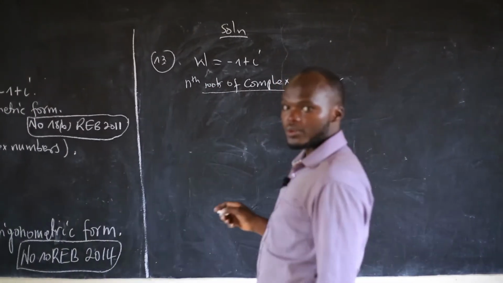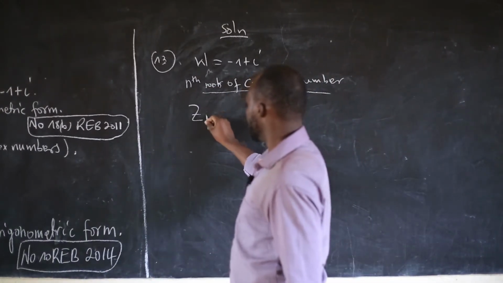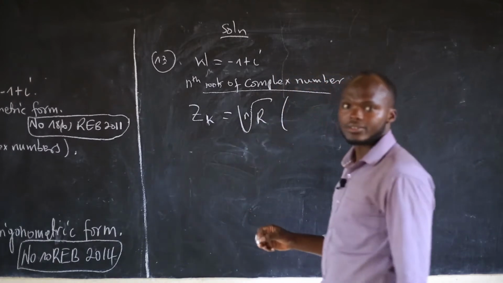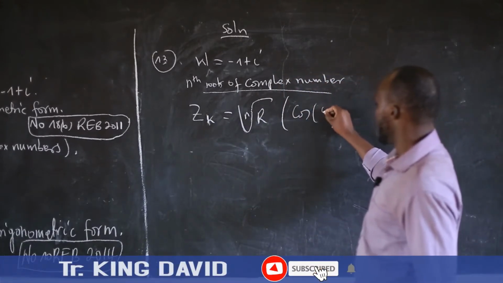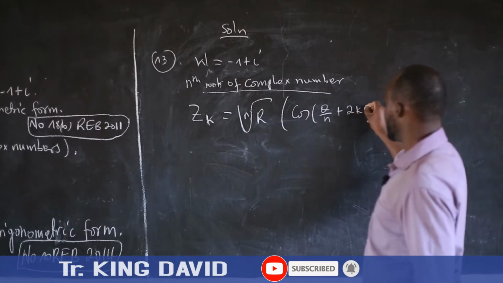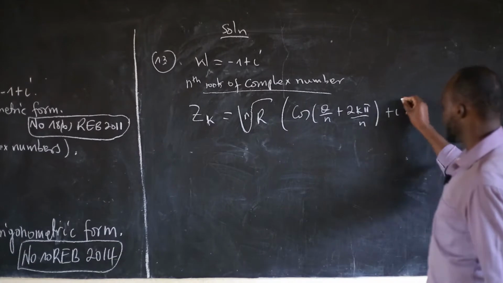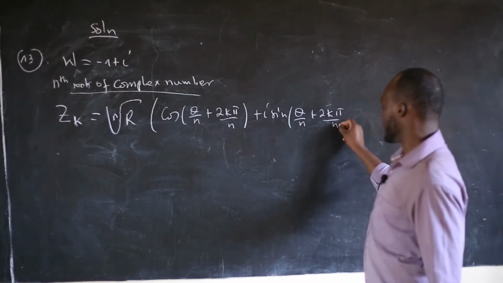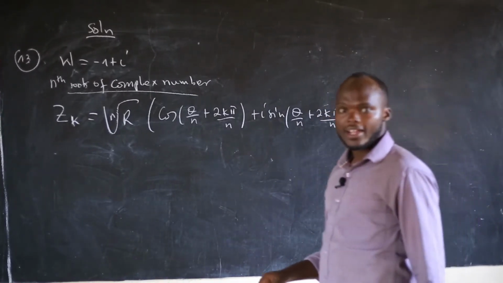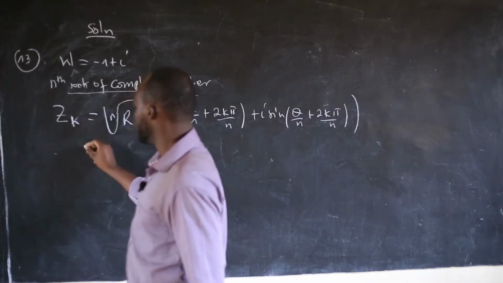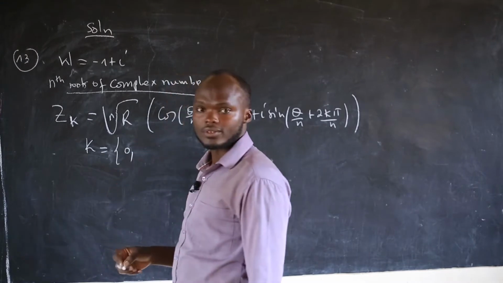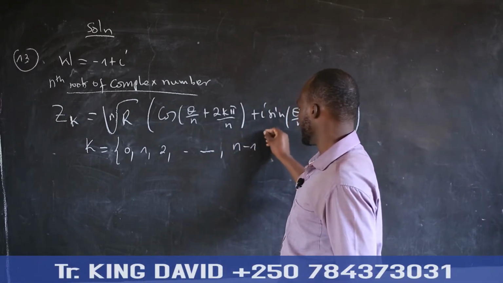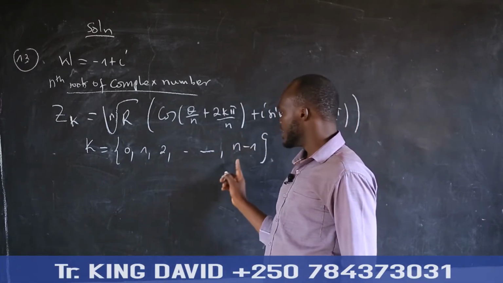The way we find it, we use the formula zk equals the nth root of r into bracket cos of angle over n plus 2k pi over n, plus i sine of angle over n plus 2k pi over n, where k is an integer from 0, 1, 2, up to n minus 1. n is the number of roots that they are asking.